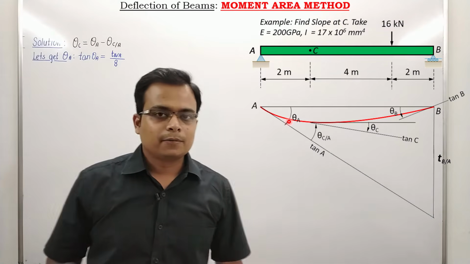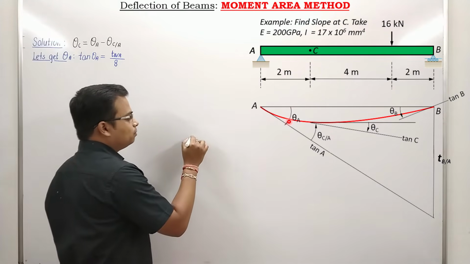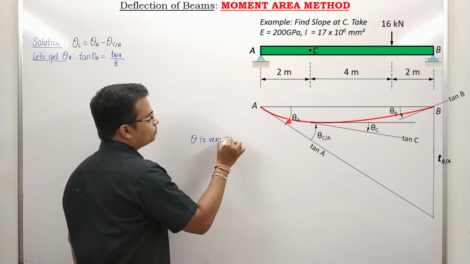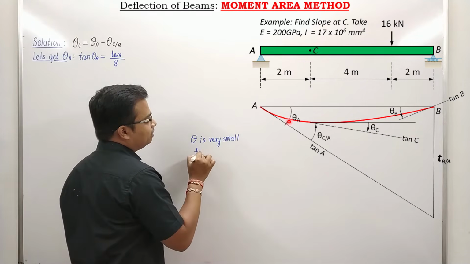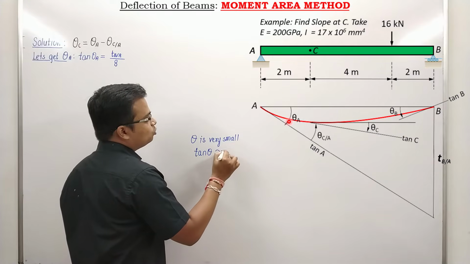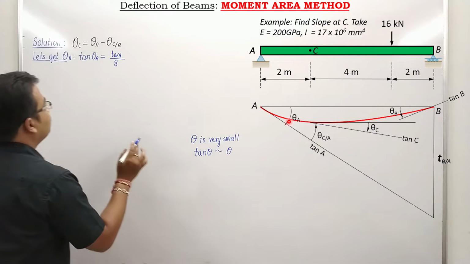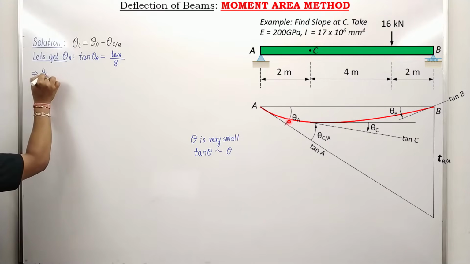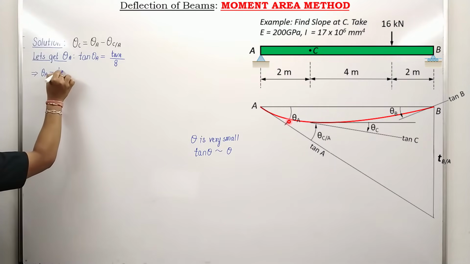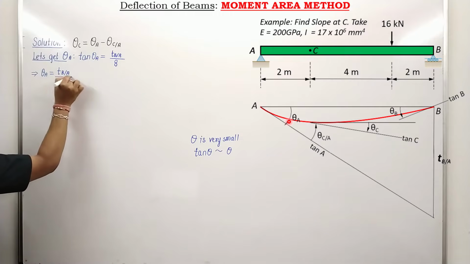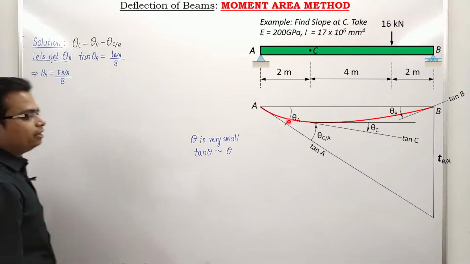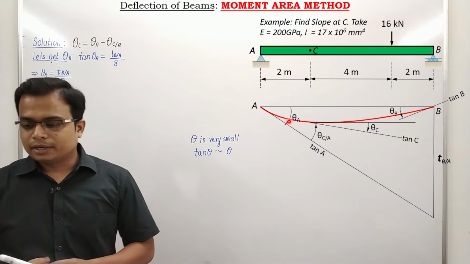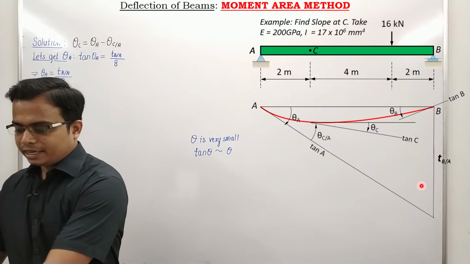So when theta is very small, tan theta can be assumed as theta. So what we can write finally is that theta A is equal to TB over A divided by 8. Now some of you might be thinking, sir, what is TB over A? Don't worry. Once again, let me show that to you.